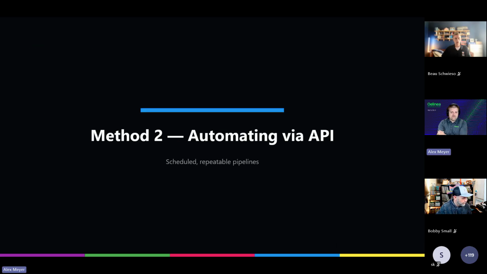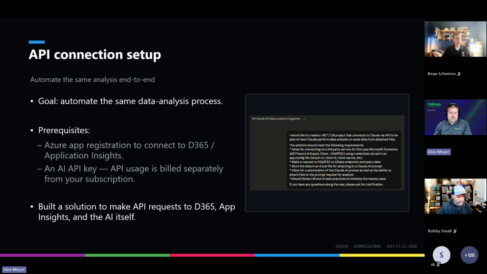All right, so the second part to this is you can start automating this via an API. Instead of you having to generate this data manually, what if I had our AI actually go out and query those endpoints and get the data itself?